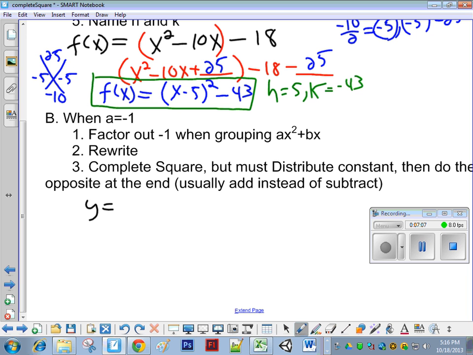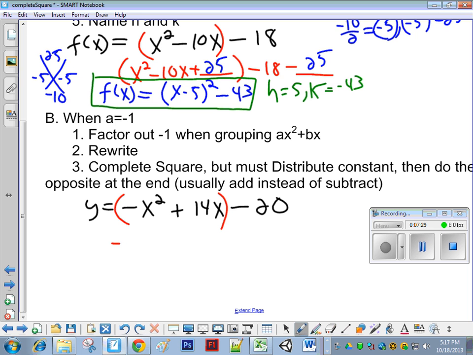Y equals negative x squared plus, let's go with 14x minus 20. All right, now in grouping this, I see that I have a negative x, so I want to bring it out.